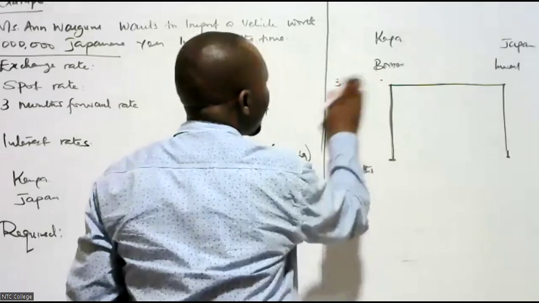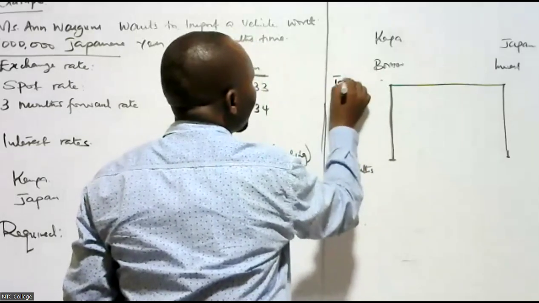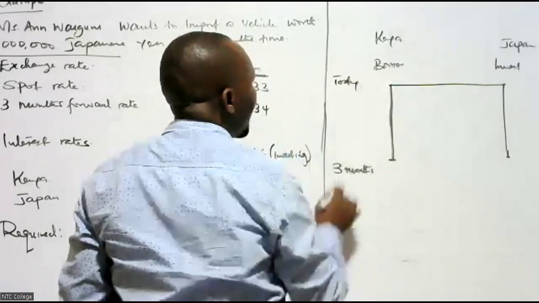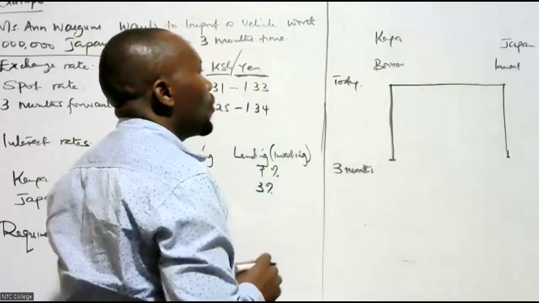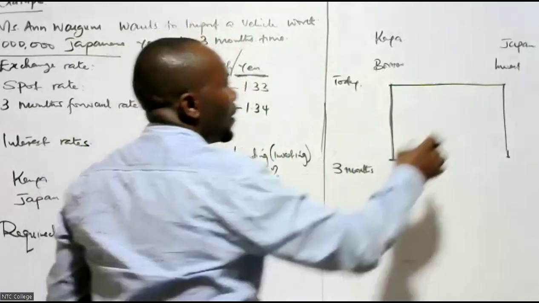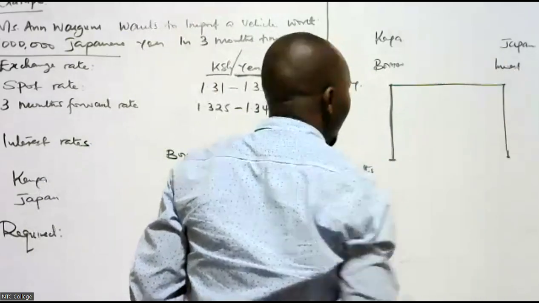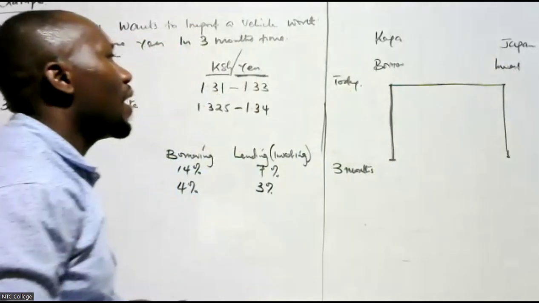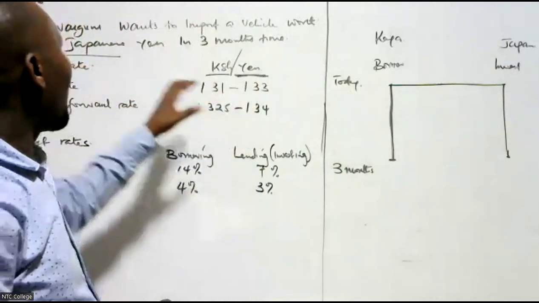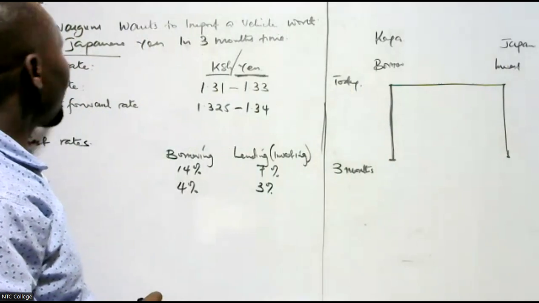Here, 3 months. This one is today. Okay. So we need to borrow a certain amount, invest here, and then in 3 months' time, it will be used to pay our amount here, 3 million.